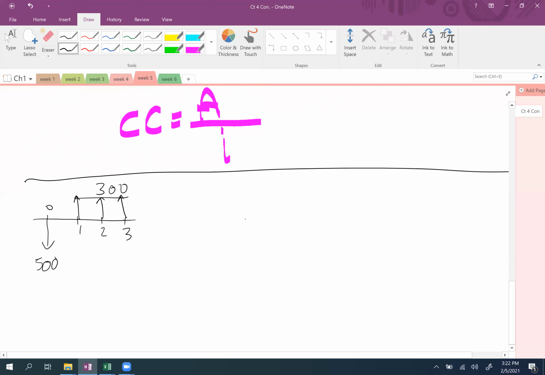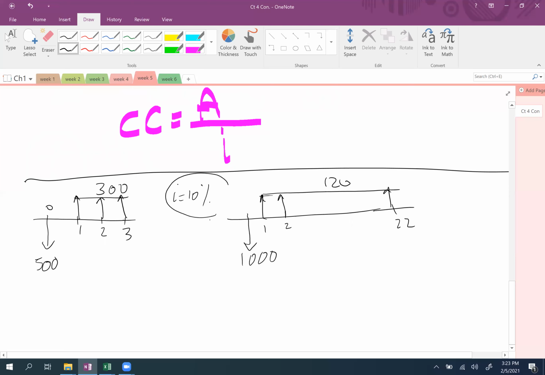Another investment opportunity that I have has a lifetime of 22 years. And this one, if I put $1,000, for example, per year, I will be able to make $120. Let's say interest rate will be equal to 10% per year.